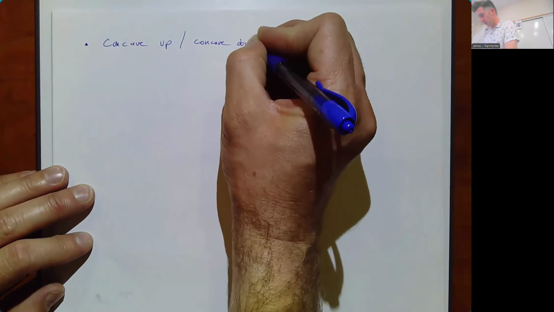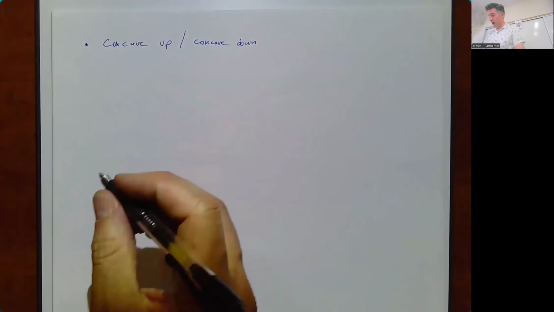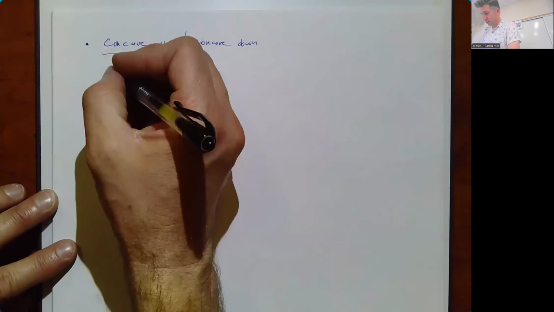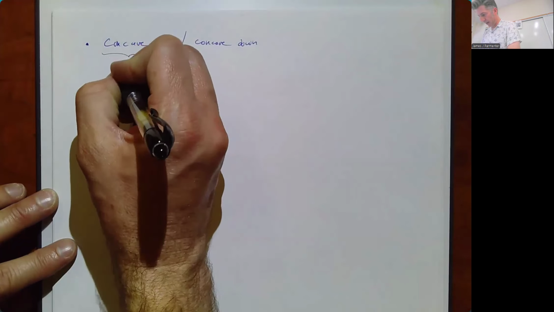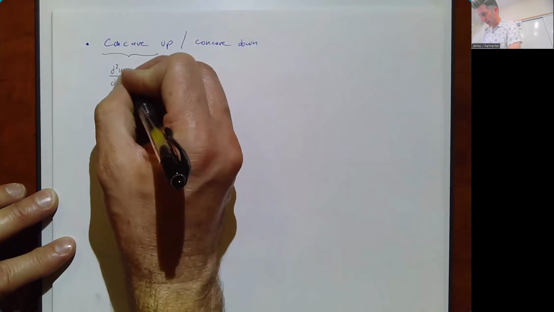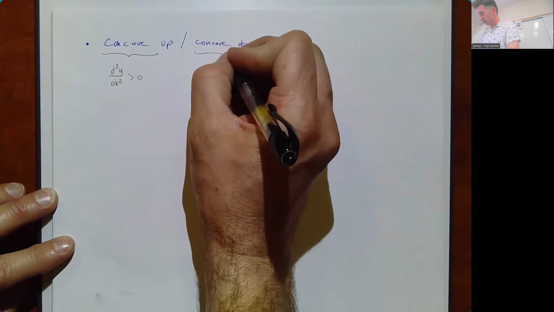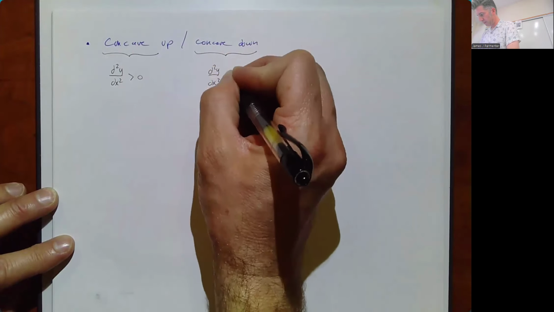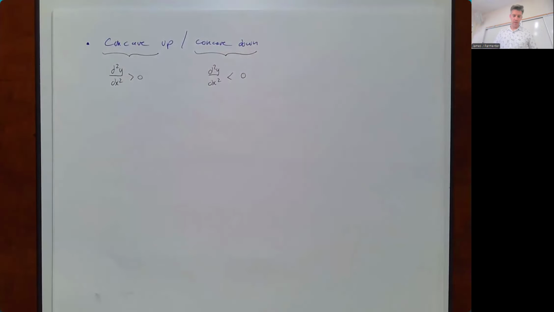So reminder, a function is concave up when its second derivative is positive. So we're looking for d squared y over dx squared to be positive. And similarly, concave down when its second derivative is negative. So the second derivative is not quite as lovely as you would hope.